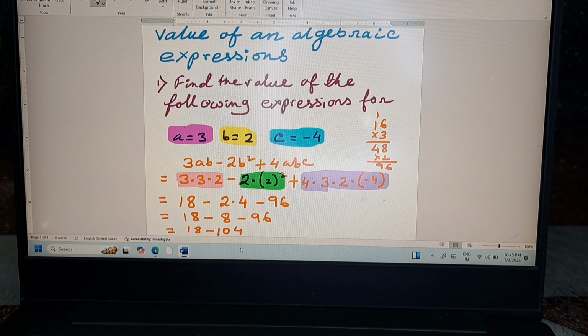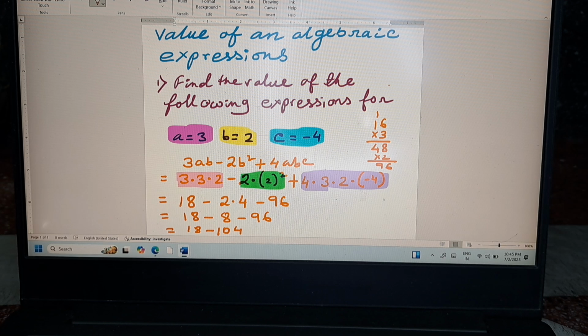If you calculate, the result will come minus 86. The reason is that the negative value, 104, is more, and the positive value is only 18.